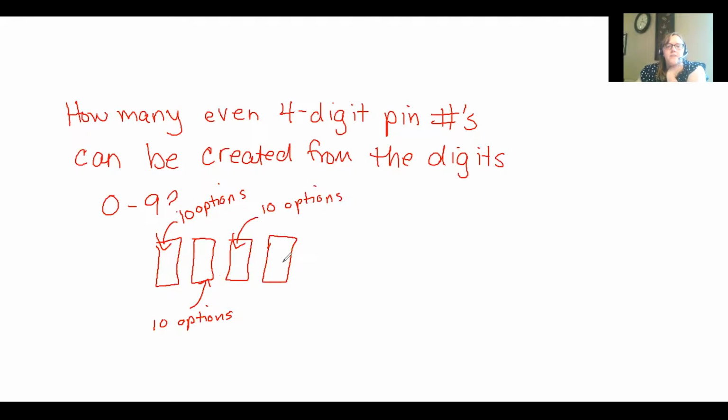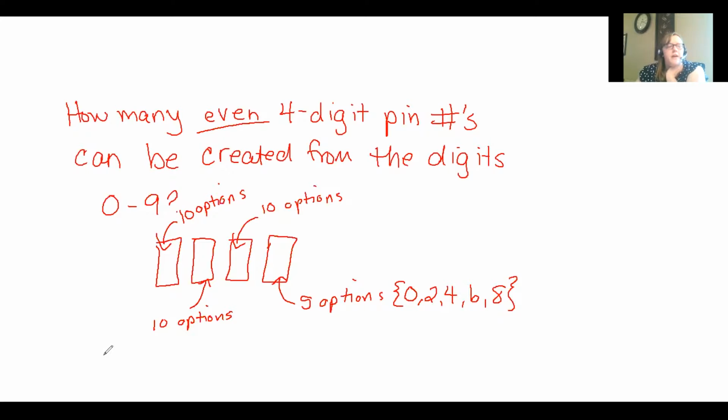But the last number cannot be anything from 0 to 9. It says it has to be even. And we know even numbers end in 0, 2, 4, 6, or 8. So there are actually only 5 options for this last digit. And I'm going to write those options over here so you guys can see it. Our options are 0, 2, 4, 6, or 8.